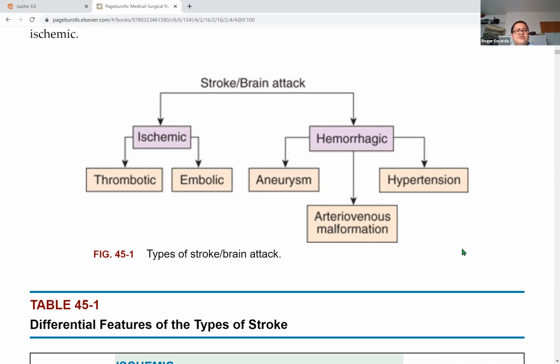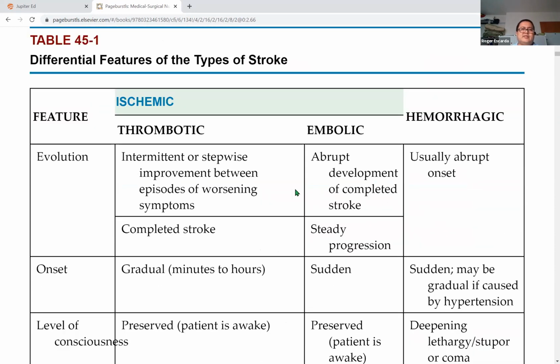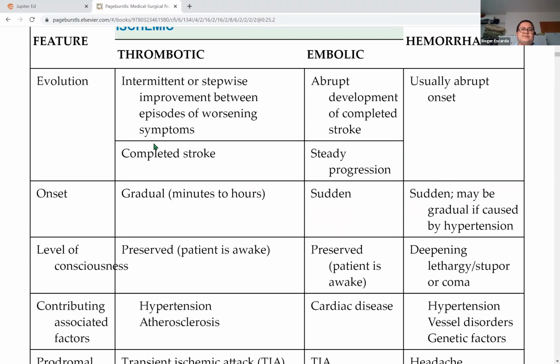And in the interventions there, we watched the patient for any neurologic deficits because the blood pressure there was 220 or higher, correct? So that places the patient at really high risk for hemorrhagic stroke. So if we compare these three side by side, table 45-1.